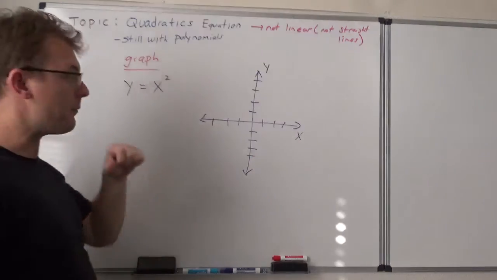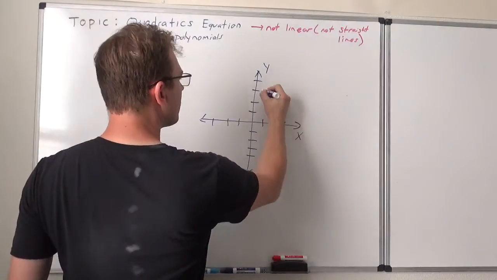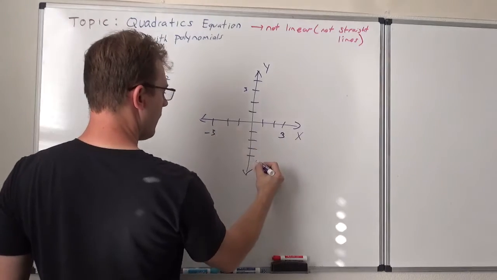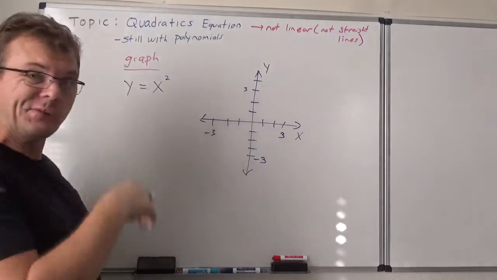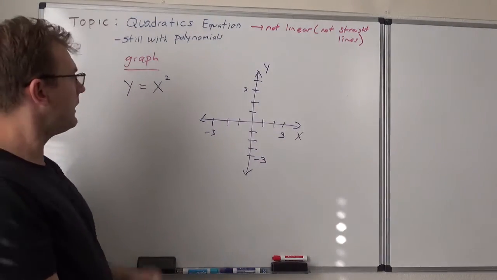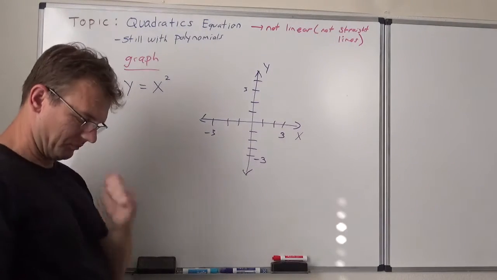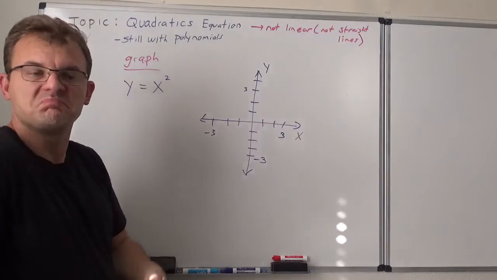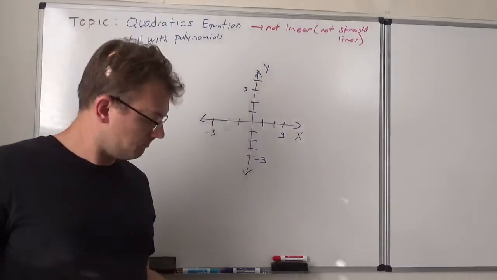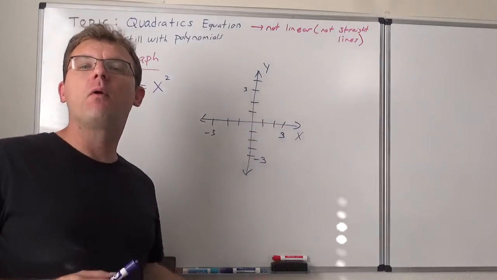Correct? You can put some numbers. Okay, cool. Got the graph done. But what is a graph? What does the graph look like? My guess? Table of values.